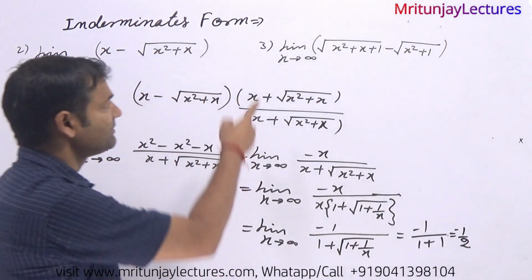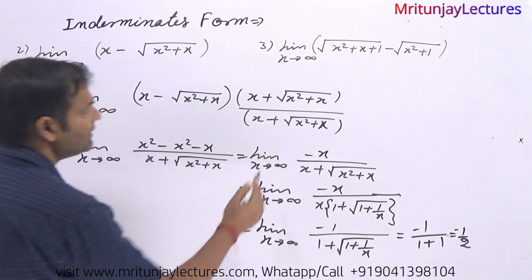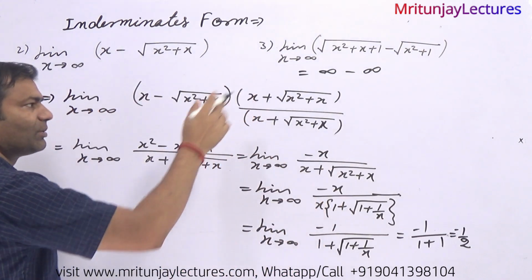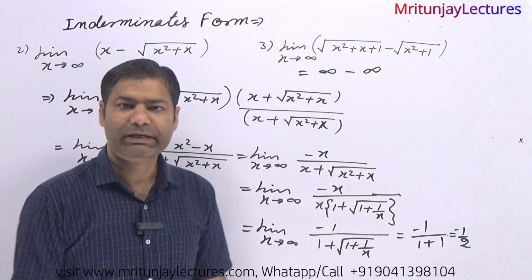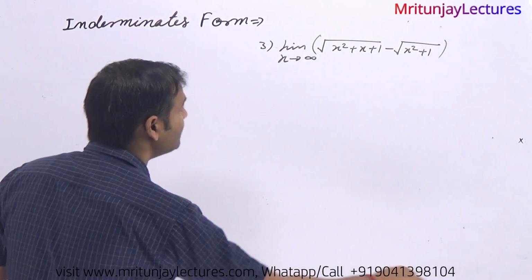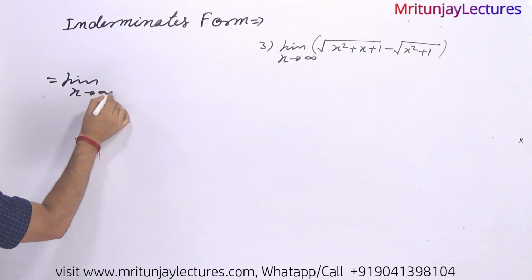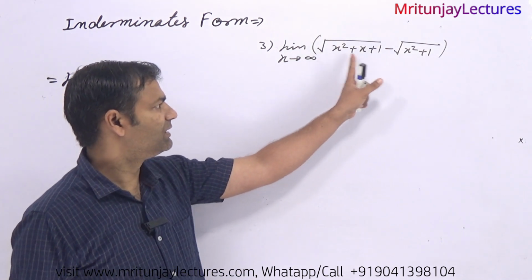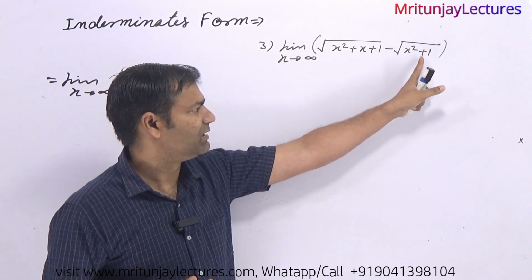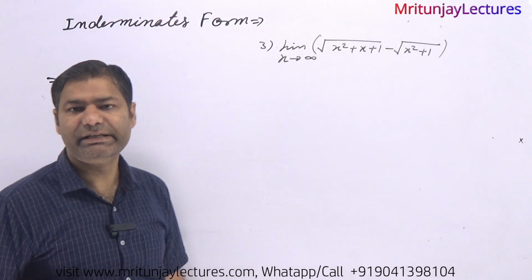Another question of this type: if we put x is equal to infinity here, then we also get infinity minus infinity. This problem can also be solved with the help of rationalization. First of all, if there is any doubt, put x is equal to infinity here, so infinity plus 1 is infinity, and infinity minus infinity is an indeterminate form.